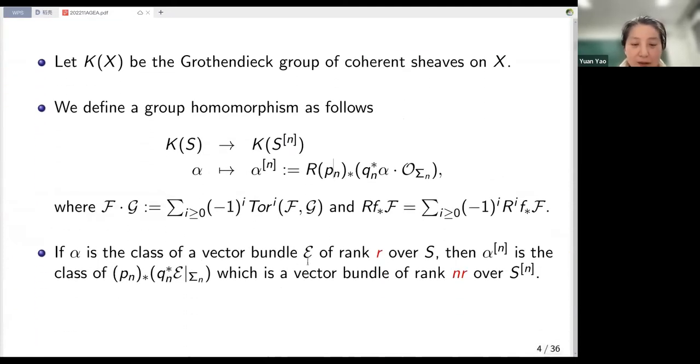So if alpha is a class of a vector bundle, then alpha^[n] is just the push forward, you don't have higher direct images, and you get a class of a vector bundle of rank nr.